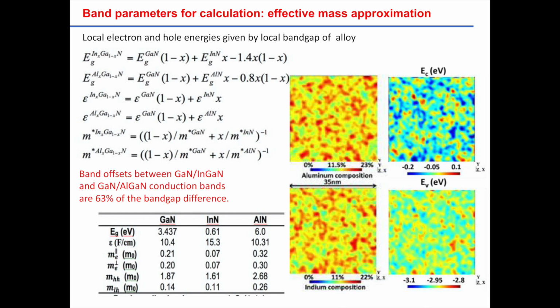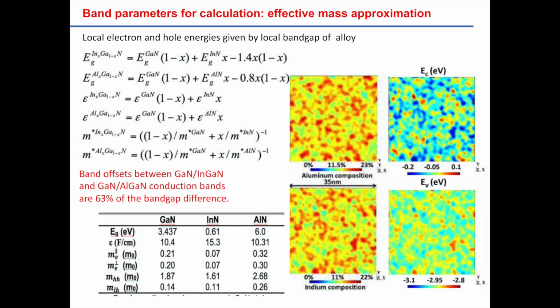And then we say, well, I have the variation of the band gap, and I'm saying that 63% of the local band gap variation is due to the conduction band, and then 37% is due to the valence band. So then I know the composition, and I know that 63% is in the conduction band, 37% in the valence band.